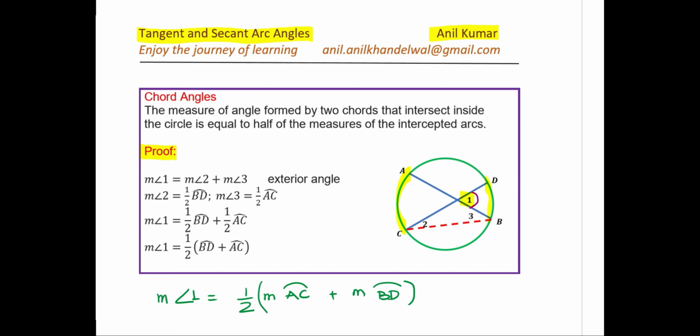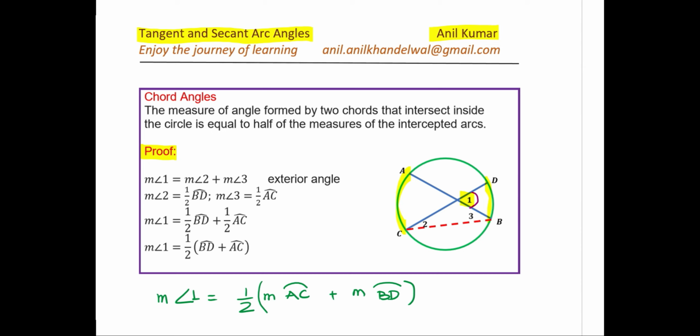We know this angle 1 is an external angle, right? So in any triangle, an external angle is the sum of the two interior angles. And therefore, we can say angle 1 is angle 2 plus angle 3, since angle 1 is an exterior angle. And each angle is measured in terms of the arc length itself. So angle 2 is equal to which arc?